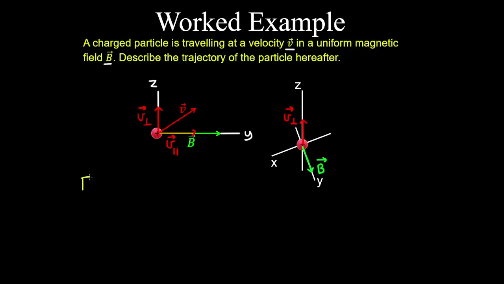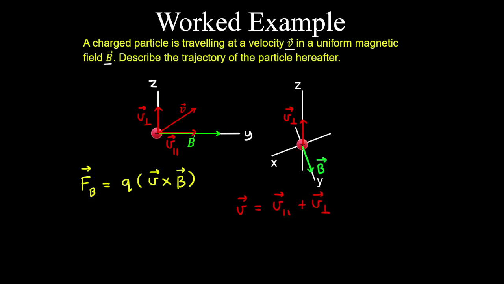So recall the magnetic force is equal to the charge by the cross product between the velocity vector and the magnetic field vector. And by vector addition, we can write the velocity vector as the sum of the parallel and perpendicular components.